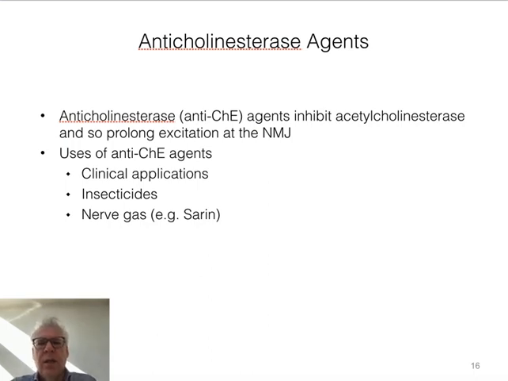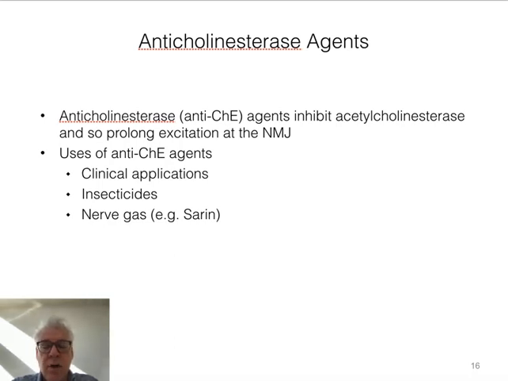Now finally, there are several drugs that we can use to treat a problem at the neuromuscular junction resulting from a relatively insufficient amount of acetylcholine, be it insufficient presynaptic release, as in Lambert-Eaton myasthenic syndrome, or the postsynaptic reduction of receptors.